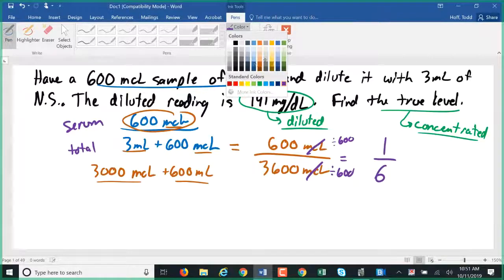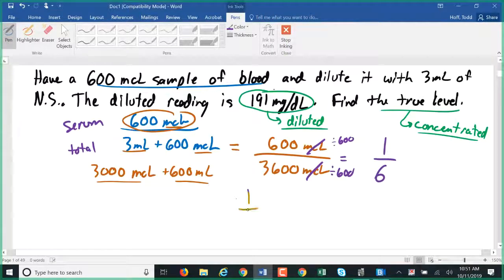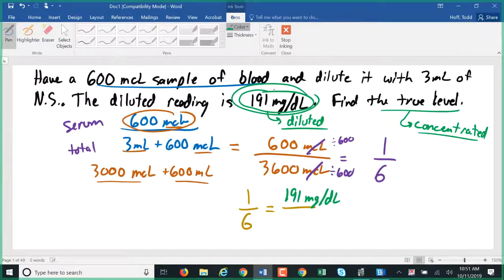So now we are going to use that 1 in 6 dilution to adjust the meter reading. The 191, is that going to go on top or bottom here in this ratio? It's on top. We expect that to be the smaller of the numbers. 191 milligrams per deciliter.